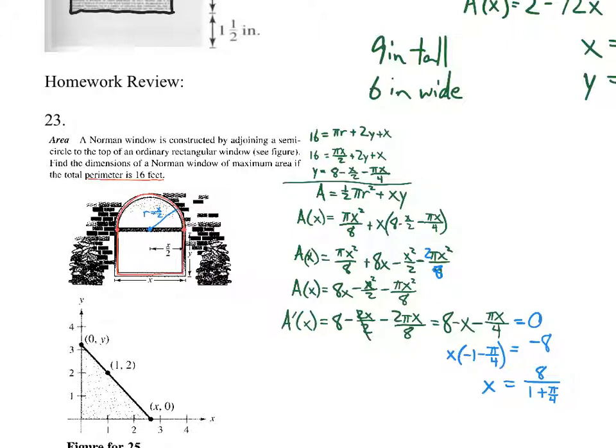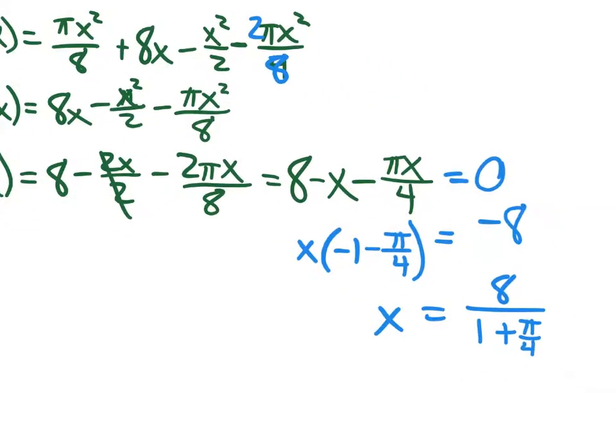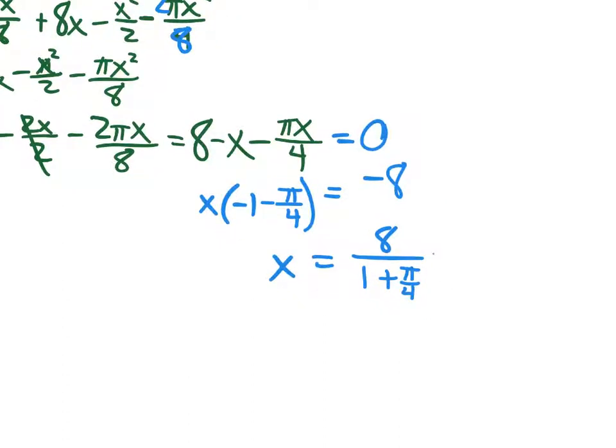And guys, listen, you could leave your answer like that. If you really want, you could multiply by 4 over 4, and that would make it 32 over 4 plus pi. Which is like 32 over about 7, which is going to be somewhere around 4-ish. A little under 4. 3 point something.